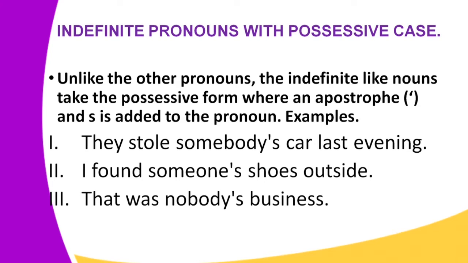Number 2, I found someone's shoes outside. Someone has been added an apostrophe and an s to show possession. Number 3, that was nobody's business. Nobody has been added an apostrophe and an s to acquire the possessive form.